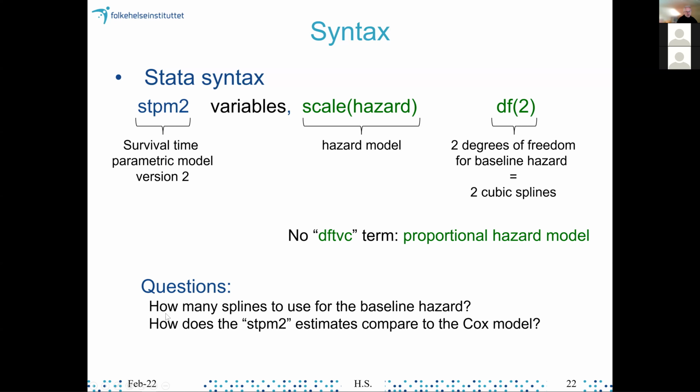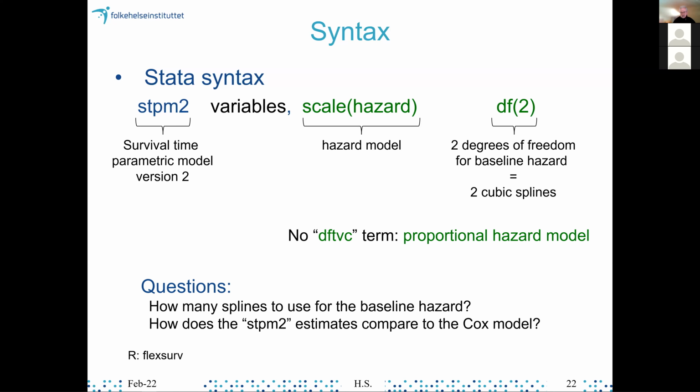And then I have a few questions that I'd like to answer in a little while. How many splines should we use for the baseline hazard? And how does this flexible model compare to the Cox model? And we will go to our syntax to answer that. Just to point out, if you're an R user, then this is also modeled in R as the flexsurv command.